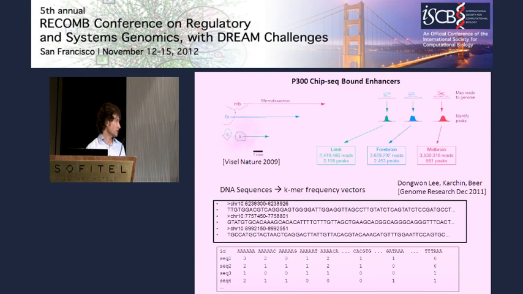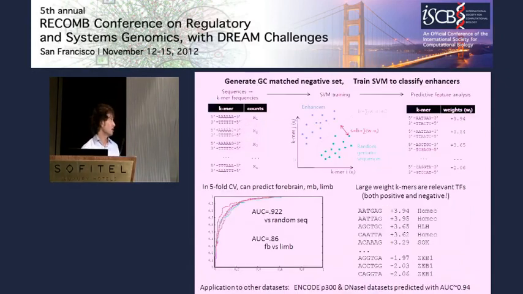So we just counted the frequency of all 6-mers in these sequences, and we used these vectors of Kmer counts to try to build an SVM which could distinguish between the enhancers and the random genomic sequences.